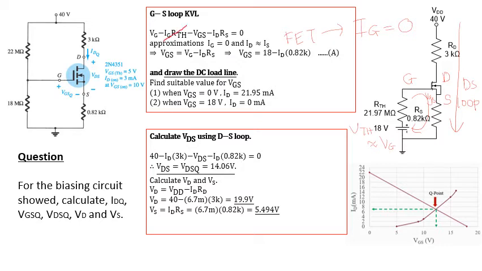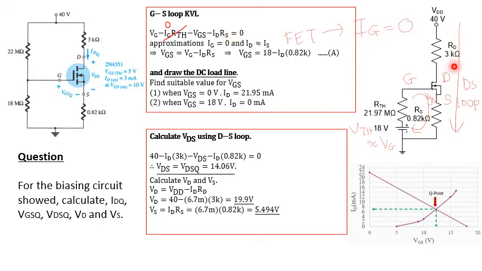So when IG is 0, automatically this one will be 0. So VG or VTH is the same, it is equivalent to the VTH. VTH or VG, it is equivalent, minus VGS. VGS minus ID RS.